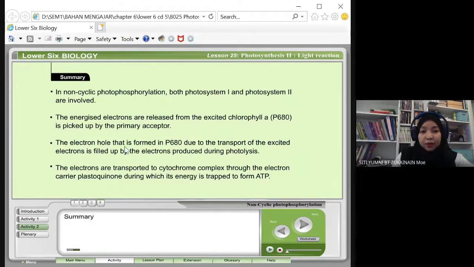The electron hole formed in P680 due to the transport of the excited electrons is filled up by the electrons produced during photolysis. The electrons are then transported to the cytochrome complex through the electron carrier plastoquinone, during which its energy is trapped to form ATP.